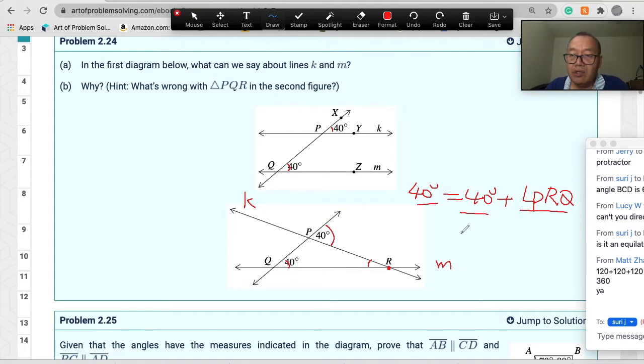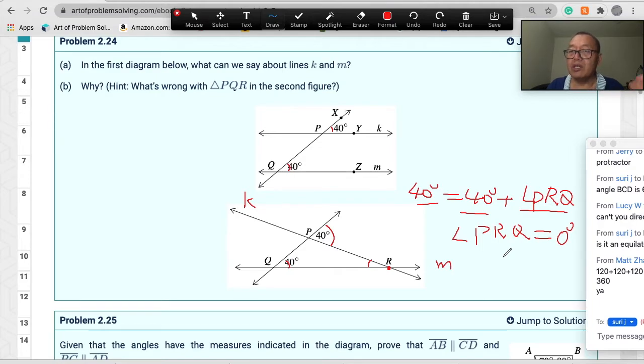So by this way, we get PRQ equals 0 degrees. In a triangle, all of the angles should be greater than 0. How can this triangle have an angle equal to 0 degrees? If it equals 0 degrees, that should not be a triangle. So this is a contradiction.